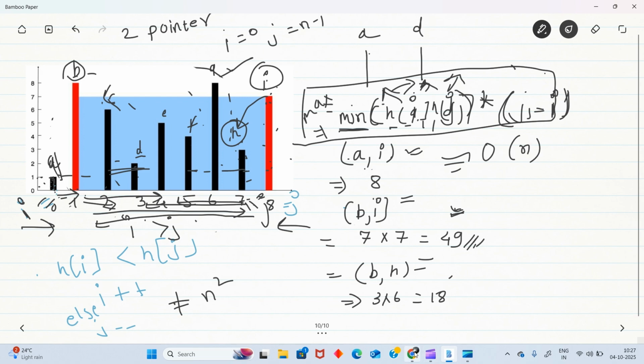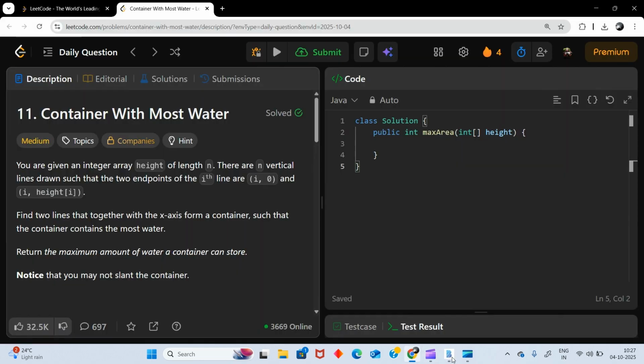Okay, so now let's start coding. First we will take int n equal to height.length, and int max, which will be initially 0. We'll need two pointers i and j: my i will be 0 and my j will be n minus 1.